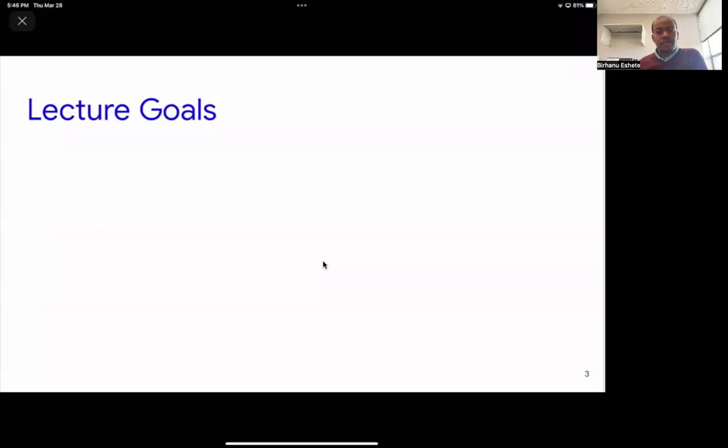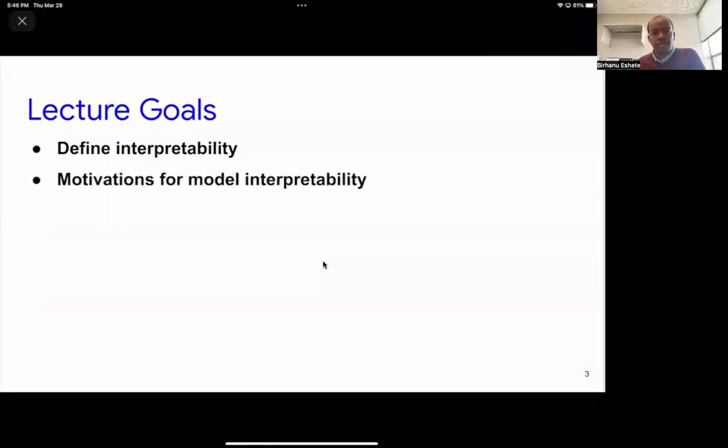So specifically, we're going to look at the following. The first is, of course, we want to define interpretability because the terminology around interpretable, explainable, transparent machine learning is not super clear, but we'll try our best to rely on a definition that would help us go through the rest of the lecture.